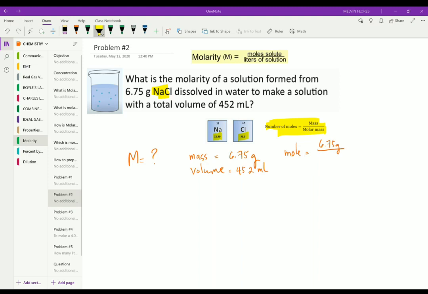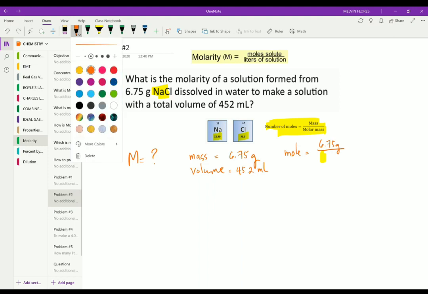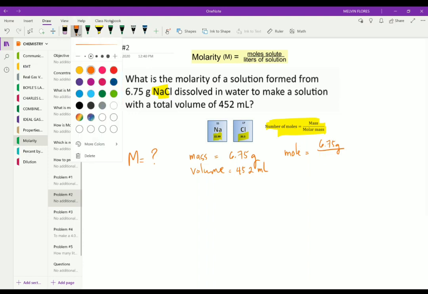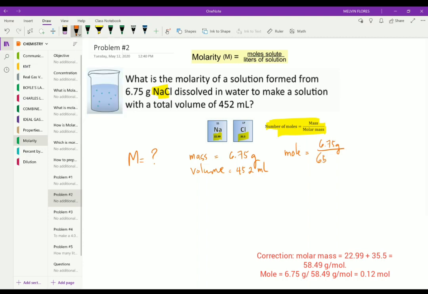Remember, molar mass is written in gram per mole, so this is going to be about 58 gram per mole.